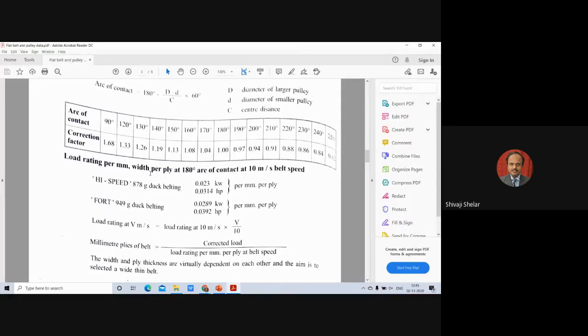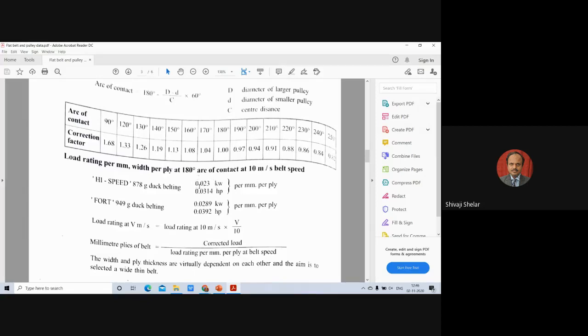This load rating is available per ply, that is single ply, per mm width, 1 mm width of your belt, angle of contact equal to 180 degree, and the speed of your belt equal to 10 meter per second. This is the rating given for high speed, and this is the rating given for forced.